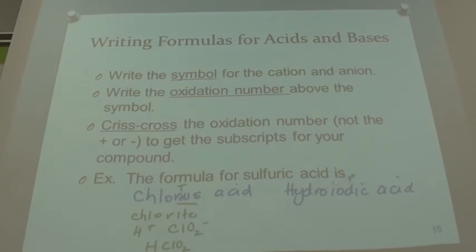Now, this one, binary or ternary? Binary, so it has hydro. So it has as its ending what? What root is this? Iodine. Iodine, right. You took out the IDE and you change it to ic. So this is going to be I. What is the oxidation number of iodine?